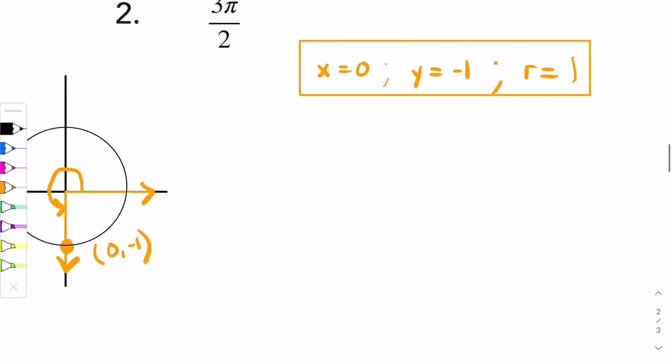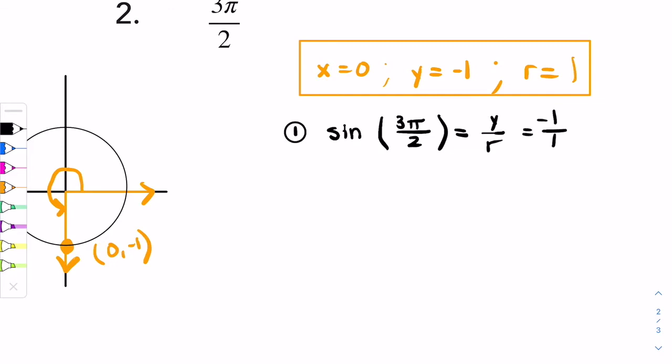Your 6 trig values. The first one, sine of 3 pi over 2. That's equal to y over r, or negative 1 over 1, which simplifies to negative 1. Second trig value is cosine of 3 pi over 2.